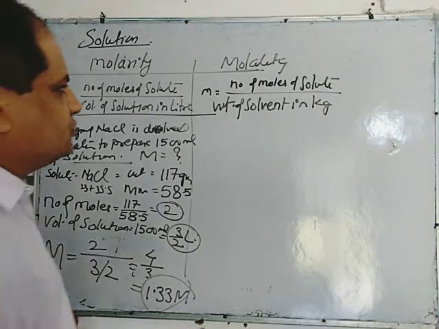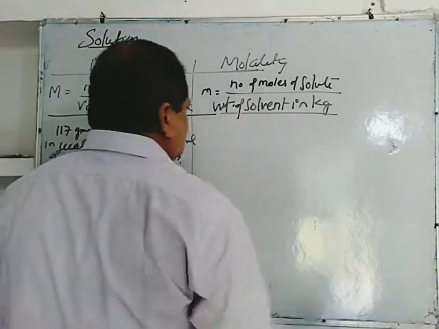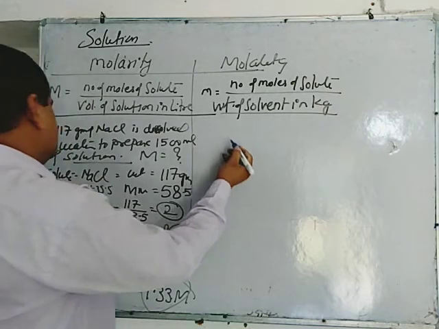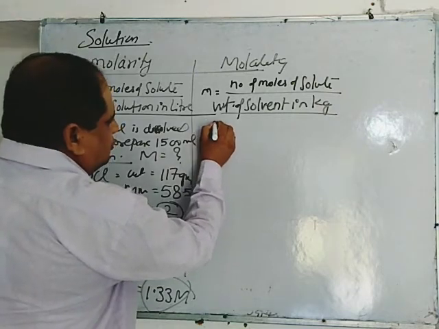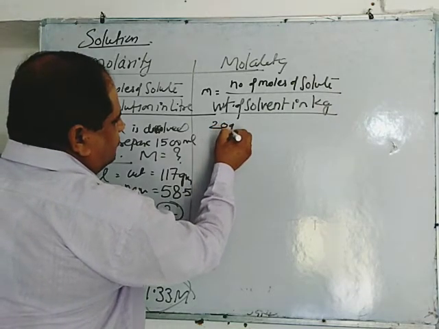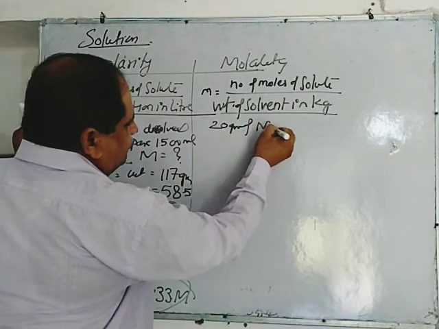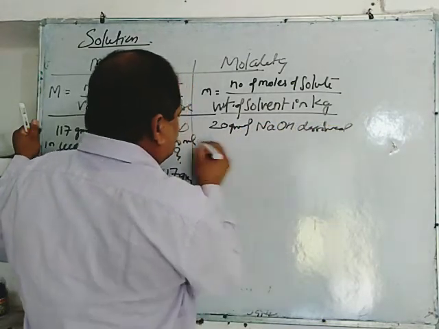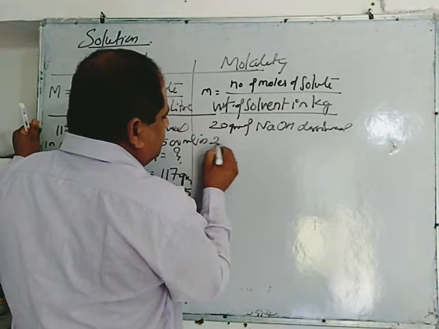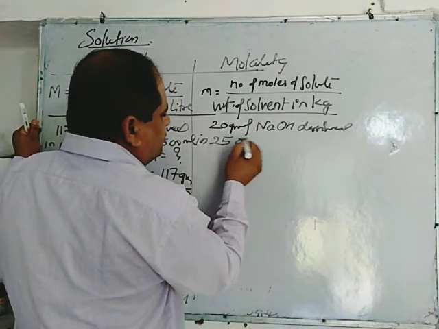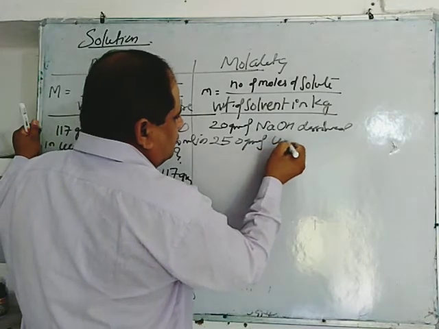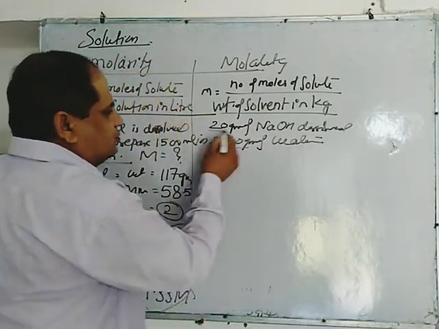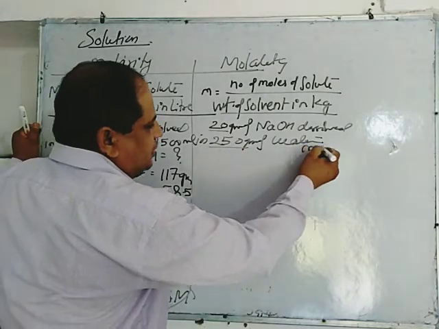If we solve the question of molality, the question will be in a somewhat different manner. Suppose 20 grams of NaOH is dissolved in 250 grams of water. Here the solvent is water, the solute is NaOH. Find the molality.